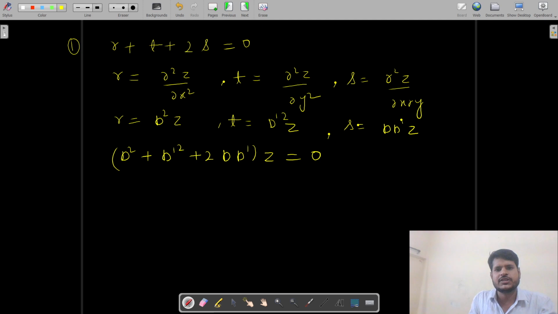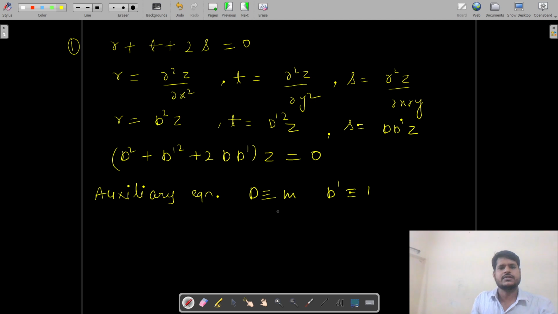So this is a homogeneous linear partial differential equation with constant coefficients. Now we have to solve this. First of all we have to write the auxiliary equation. To get the auxiliary equation, you have to replace capital D by small m and D dash by 1.